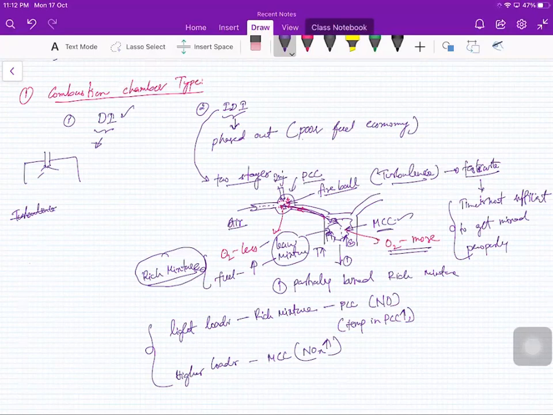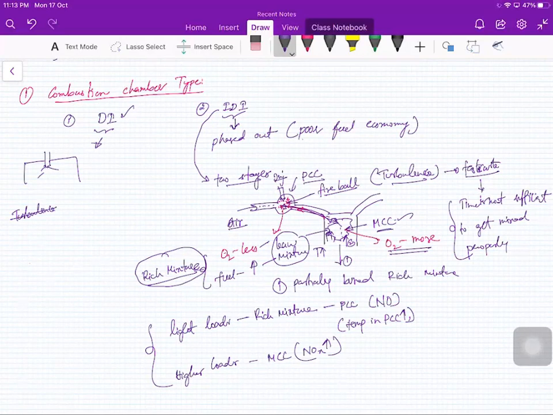So that's why, if you recall, in the previous classes we have seen the plot for NOx emission for direct injection and indirect injection. So if you just recall that plot, for which engine the NOx emissions will be higher.